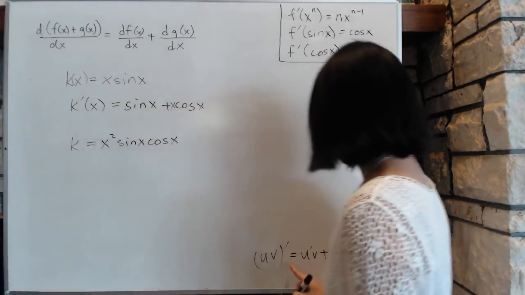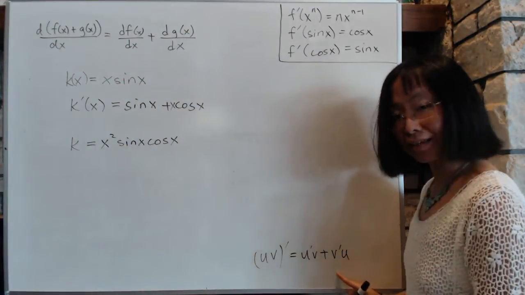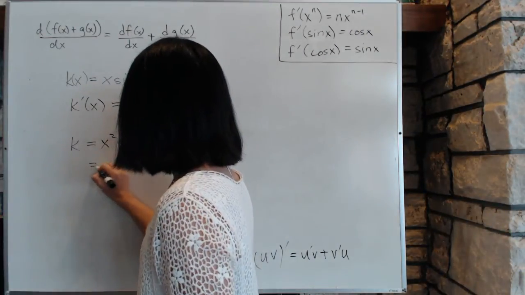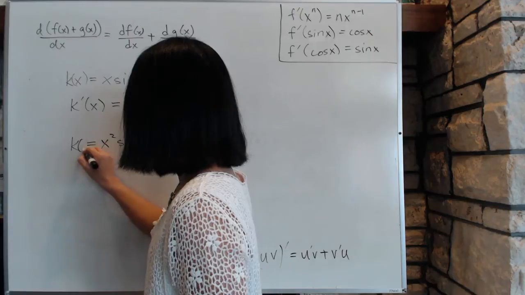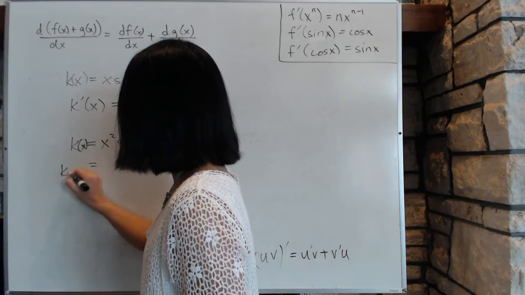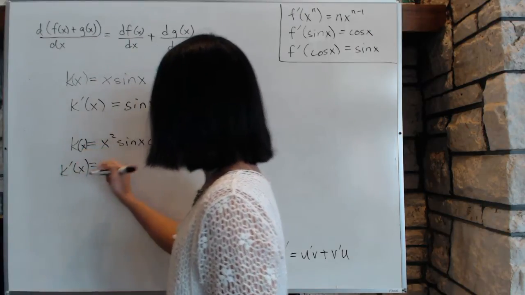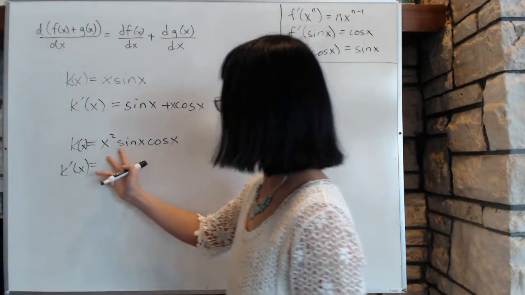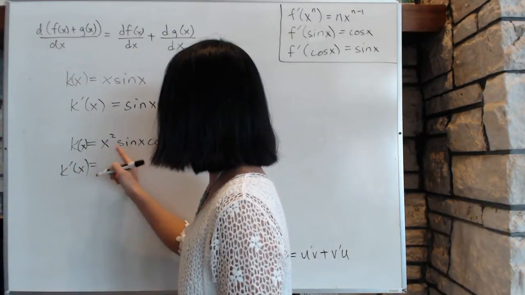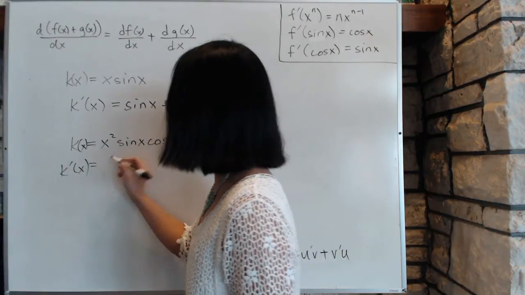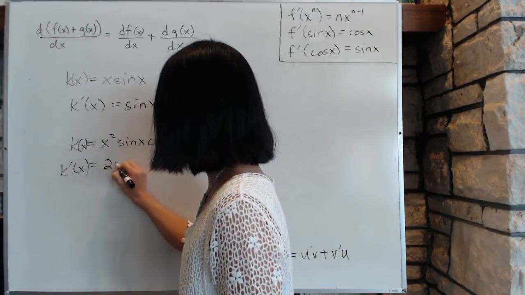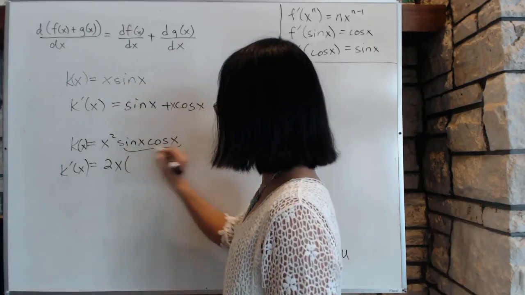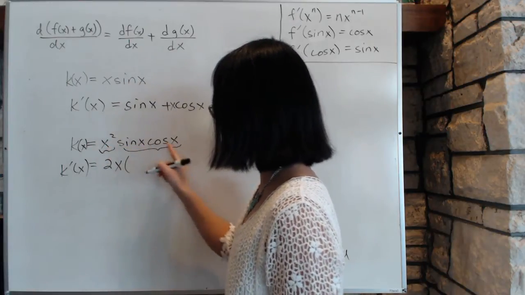We still use the product rule exactly like this. We'll call this whole thing one chunk, and that is the other chunk.